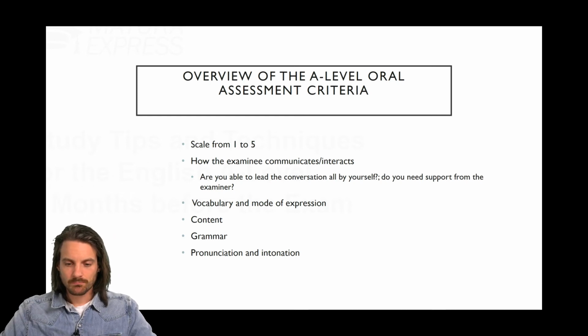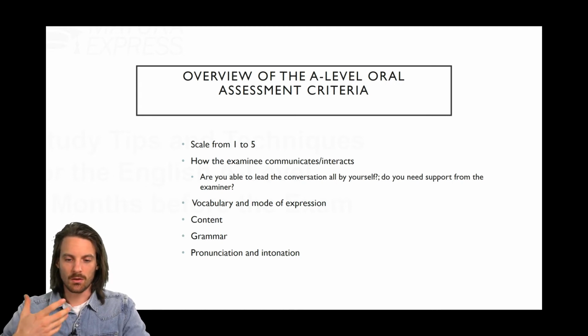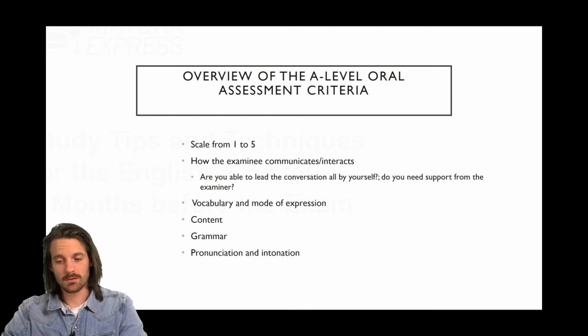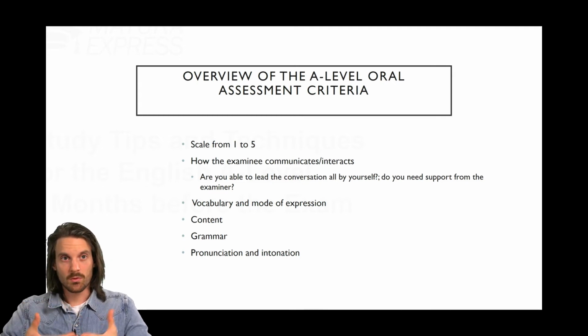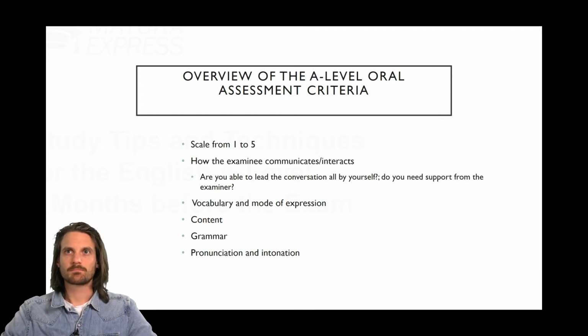So for example, 1 would be, are you able to lead the conversation by yourself? So the speaker. Do you need support from the examiner? And then with such descriptions, they can assess you better.